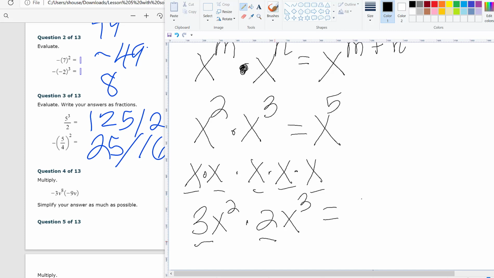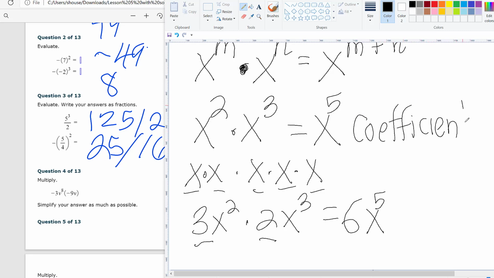They get multiplied. So I would have 6x to the fifth. So when you multiply like bases, you add the exponents, and numbers out front called coefficients, well, those just get multiplied, just like regular numbers, because they are regular numbers.